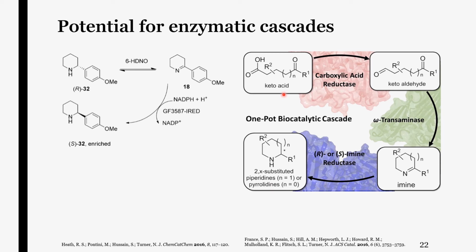Then another paper from France et al. 2016, they used three different kinds of enzymes together, and they used keto acid as a starting material, which is then decarboxylated to the ketoaldehyde, which is then aminated by the omega transaminase, and a spontaneous cyclic imine is formed in this case, which can be accepted by an R- or S-selective imine reductase, leading to these piperidines or pyrrolidines.